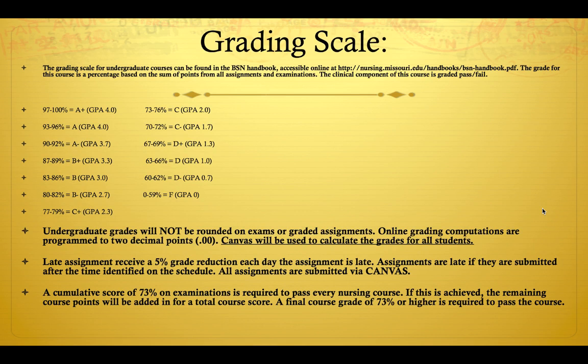The grading scale is your standard grading scale for nursing. Also, we don't round. Late assignments get deducted 5% per day. And then you need a cumulative score of 73% on exams prior to adding in any other quizzes or assignments.